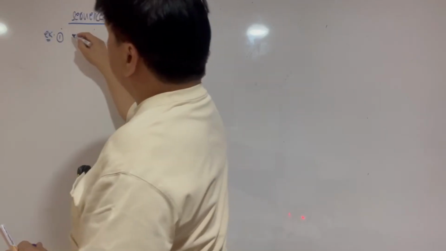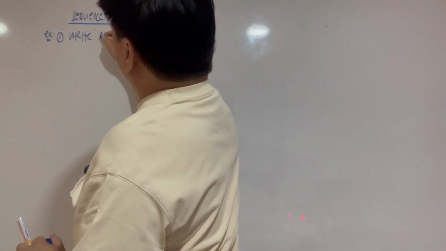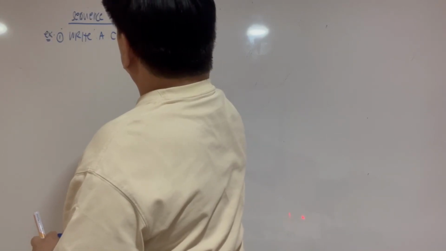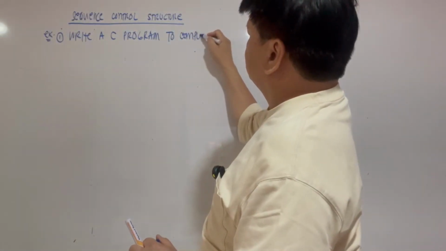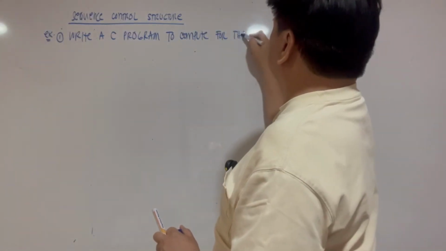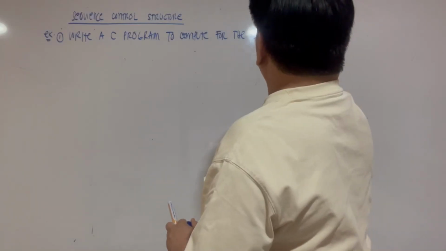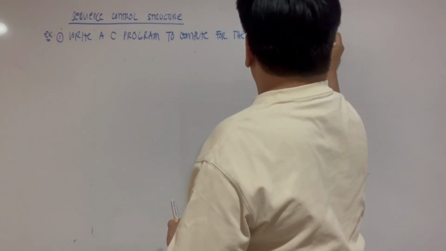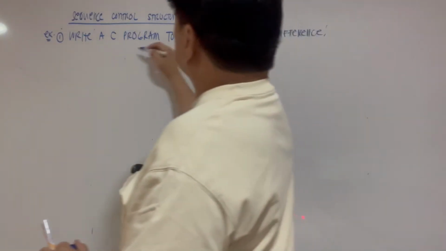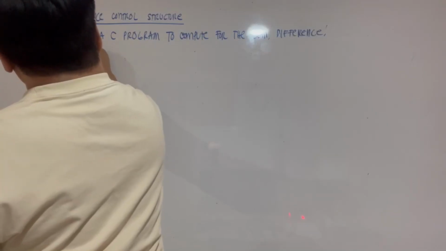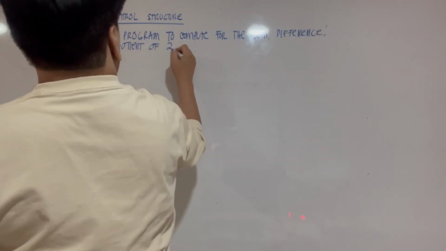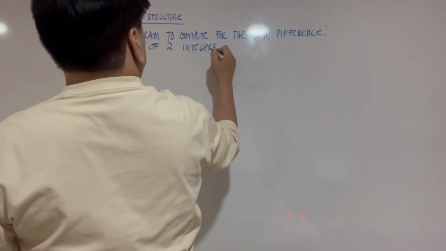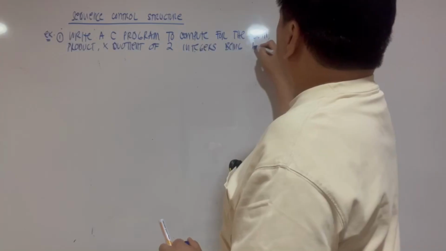Let's have the example. Number 1, let us write a C program to compute the sum, difference, product, and quotient of two integers being inputted.